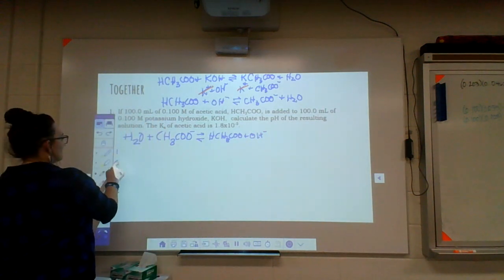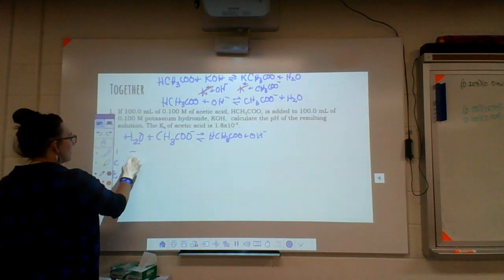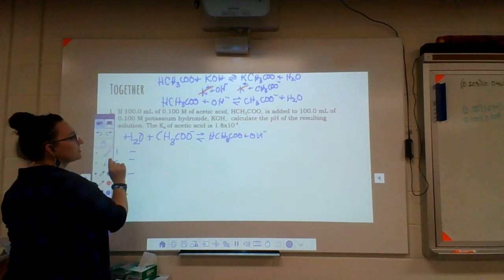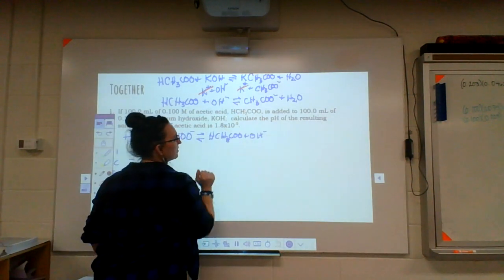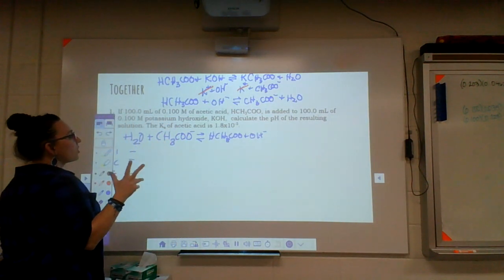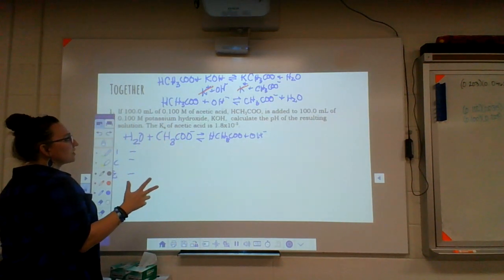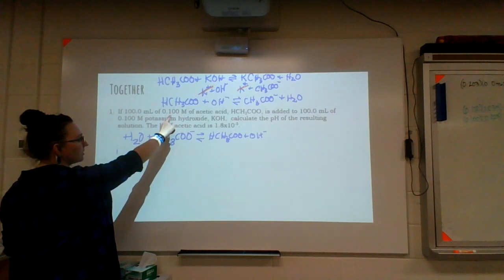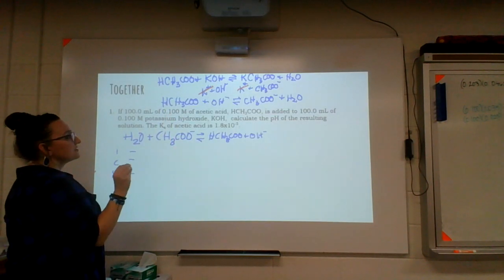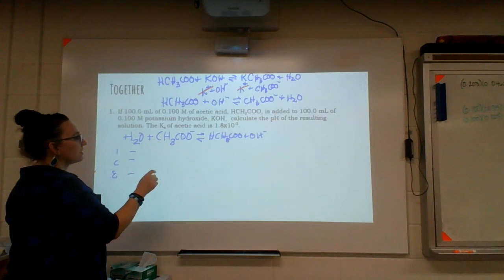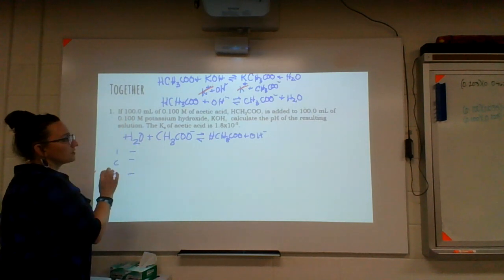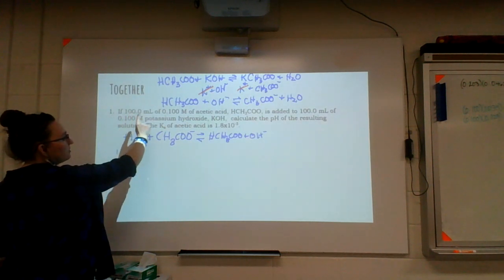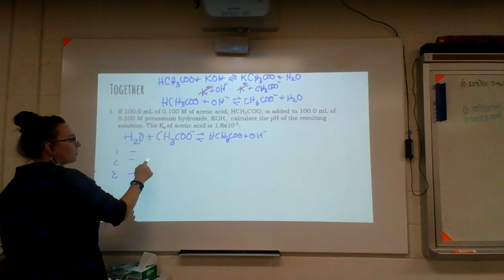Okay, so ICE, water doesn't matter. So my reaction went to completion. Remember, this was on the product side before. So when my reaction goes to completion, I had acetate ions were 0.1 molar, and then this is now the combined solution. So I have 200 milliliters of solution. So I doubled the volume, which means that my molarity will be halved.